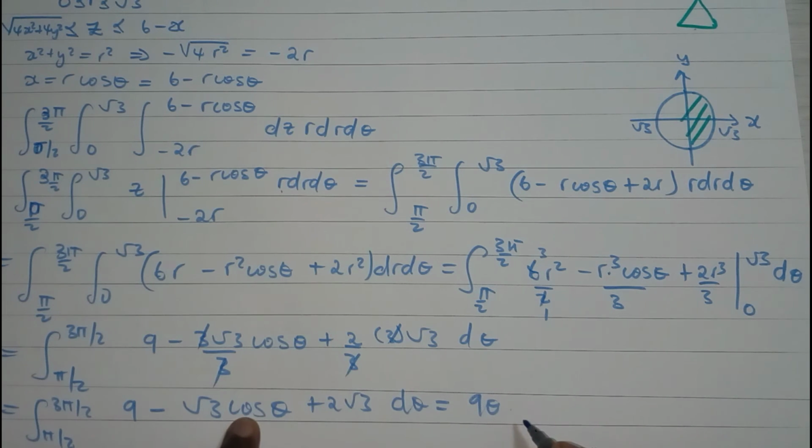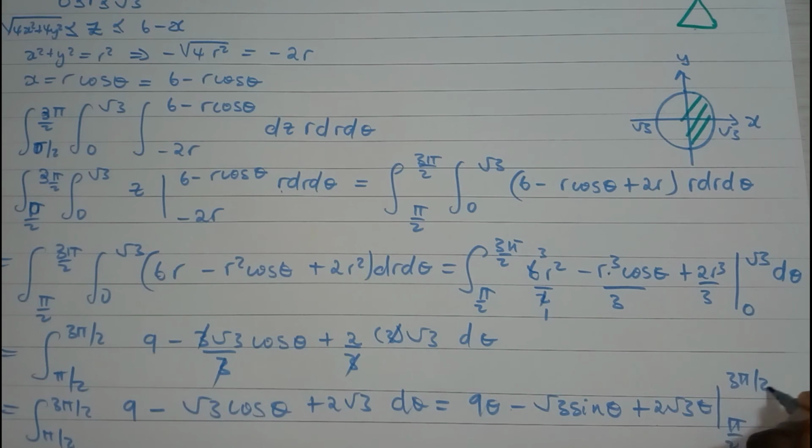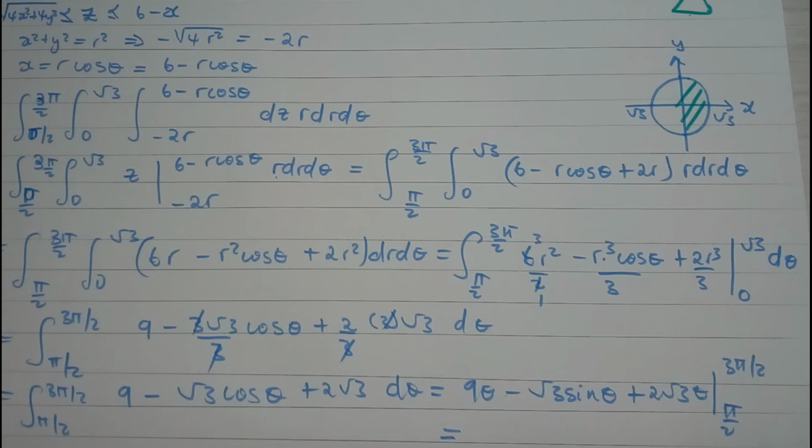The integral of cos theta is sine theta, so we have minus root 3 sine theta, and here it's plus 2 root 3 theta. Then our limits are from pi upon 2 to 3 pi upon 2, and what is going to be our final answer? If we integrate, we're going to get approximately 42.6. So this is what we're going to get.